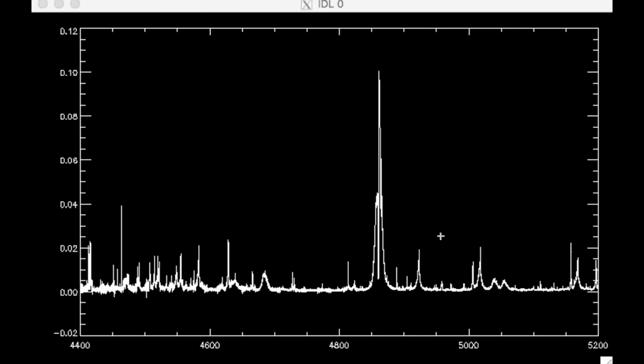So looking at which lines are present allows us to probe in a transparent medium what the temperature and density are. In this case, one of the things that's important, let me shift the spectrum for a moment.